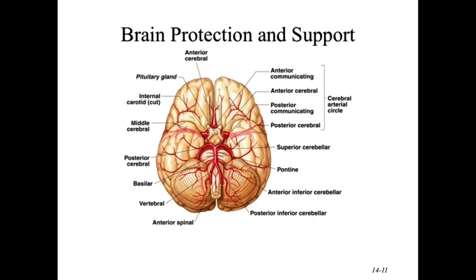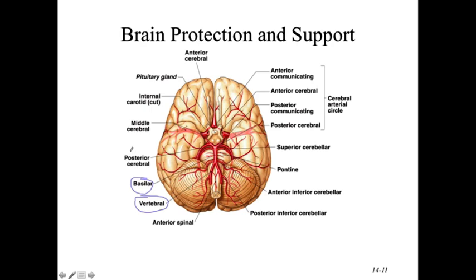Here is the circle of Willis. Just wanted you to, let me see if I can, let's use blue. So here's the vertebral arteries, and both vertebrals come together to form the basilar.